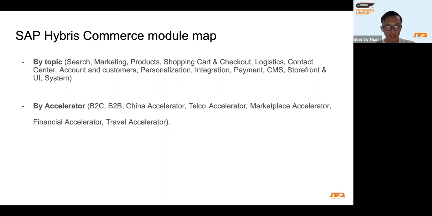From the developer view, it's mostly the same, but from the business unit view, the model is a little bit different. In this slide, I just want to introduce some default templates in Hybris.